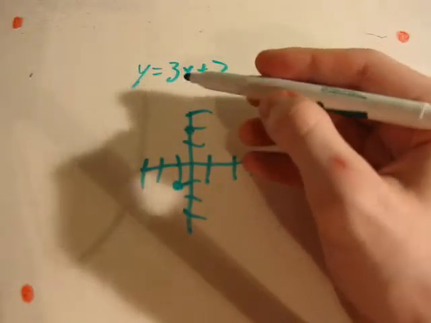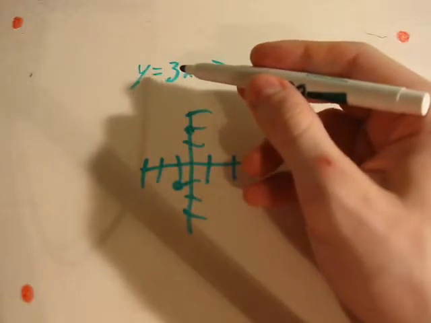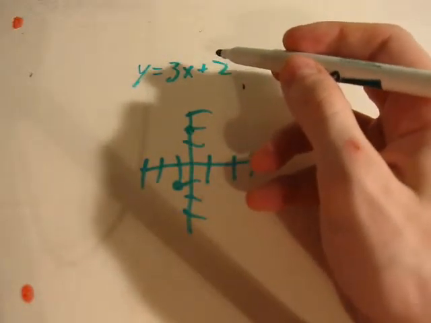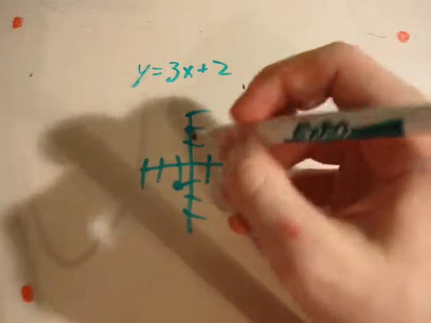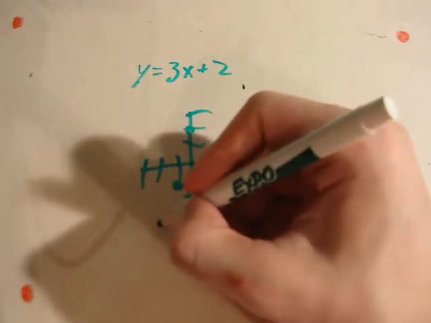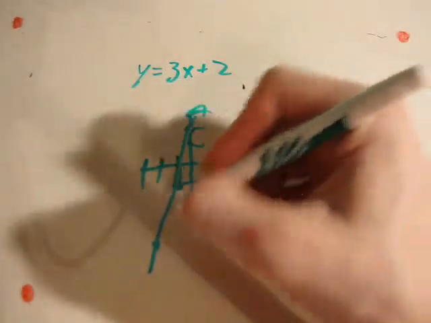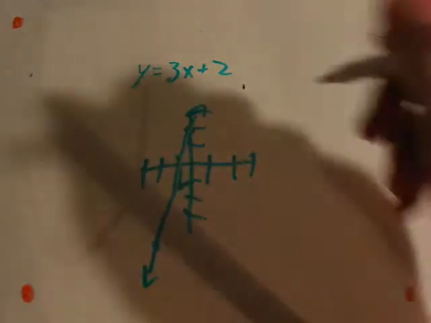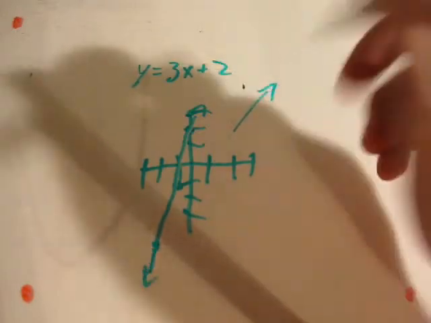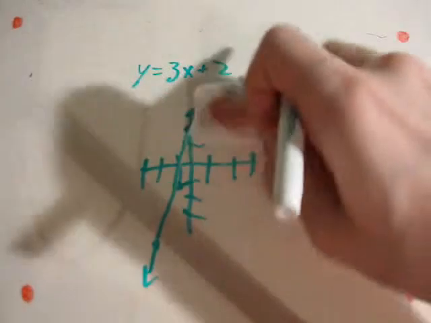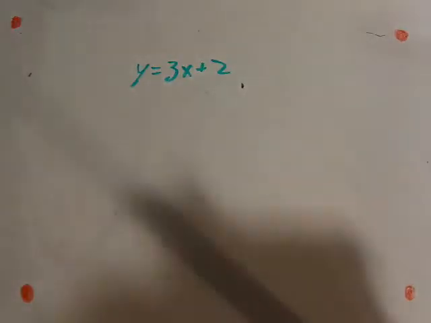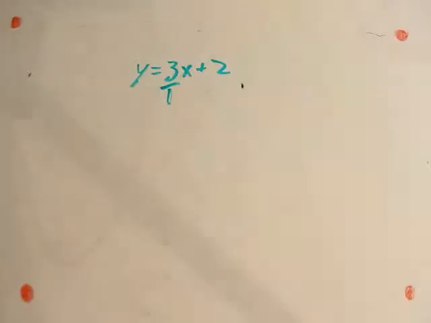Negative 2 times 3 is negative 6, plus 2 is negative 4. It's off scale, but it's about here. If it's going up from left to right, then it's a positive slope. If it's going down, it's a negative slope. What's the slope? 3 over 1.